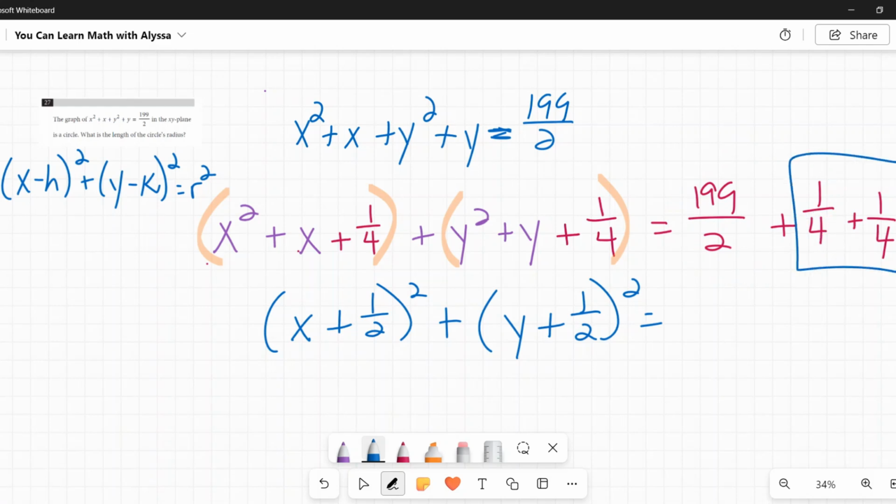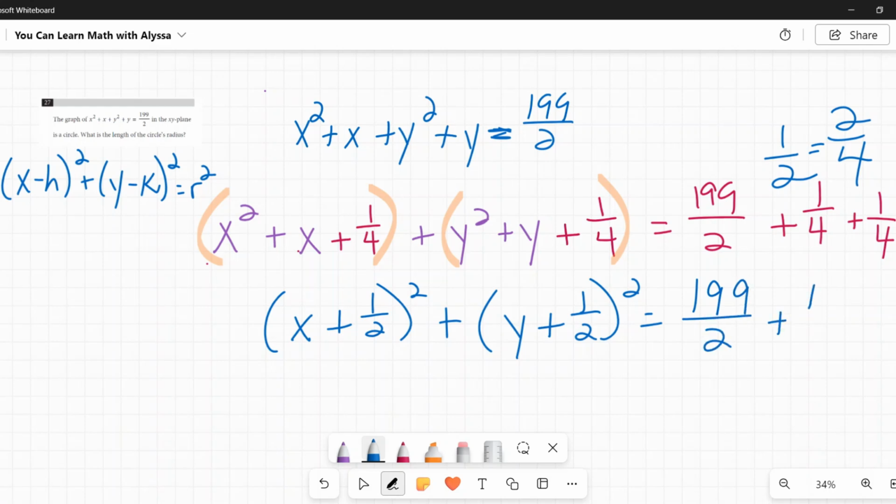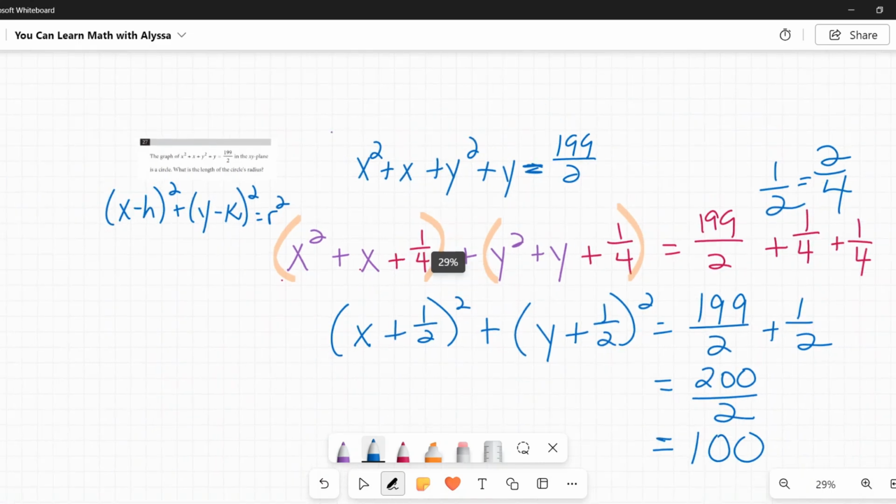But because I have these two 1/4s that are the same denominator, I'm going to add them first. 1/4 plus 1/4 is 2/4, which can be simplified to 1/2. Hey, now that's nice. Now it's 199 halves plus 1/2. So that 199 plus 1 is 200 halves. 200 divided by 2 is 100.